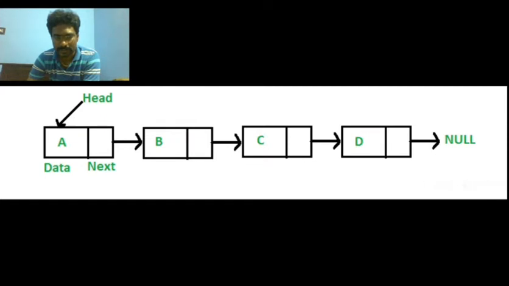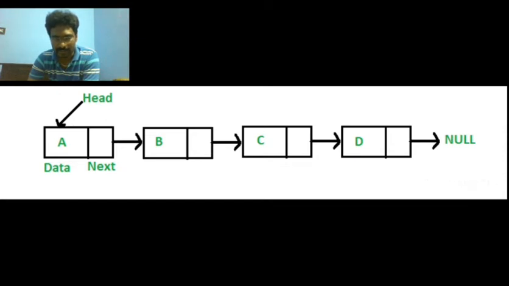With that address, it moves to the second node. In the second node, the element field will be present as B, and in the next field of the second node, the address of the third node will be present. So with that the connectivity is established.